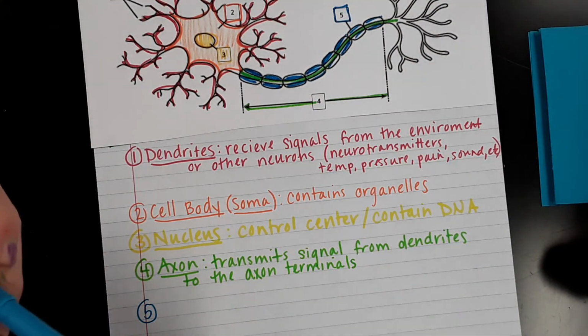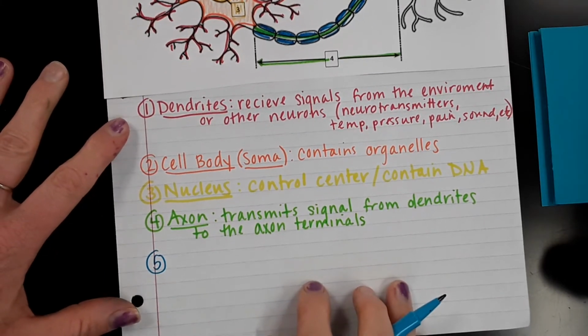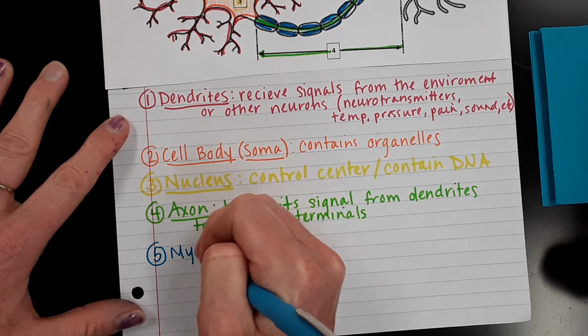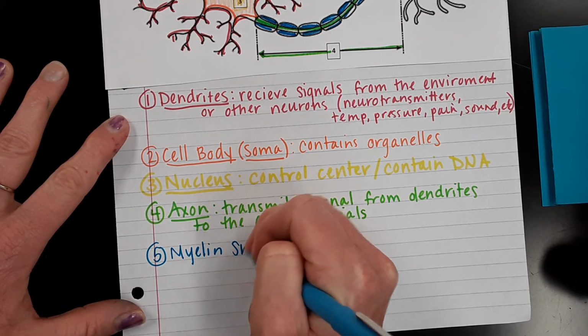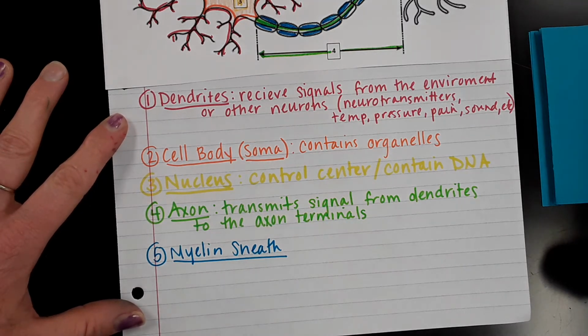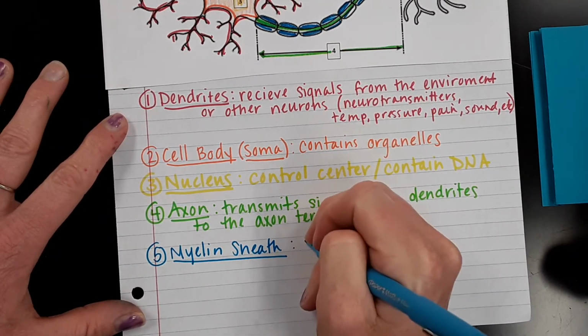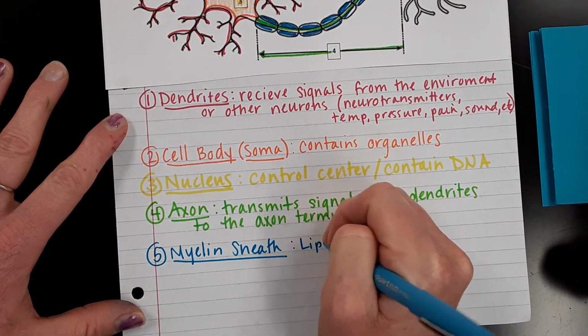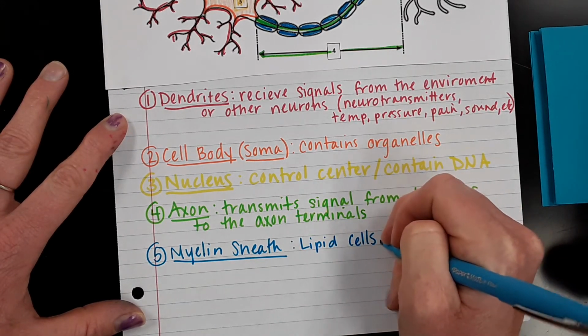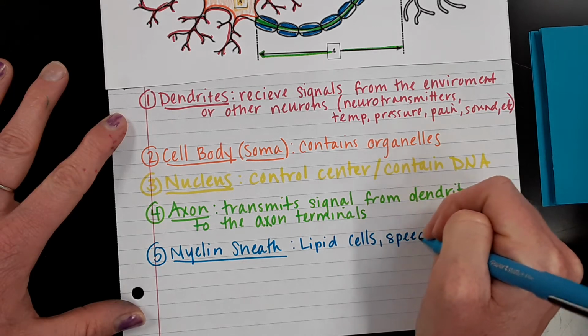So your myelinated nerves are going to be able to send signals faster than unmyelinated nerves. And we refer to this as the myelin sheath. And so the myelin sheath are little cells that are wrapped around the axon. These are lipid cells, which are fat cells. And they speed up signal transmission.